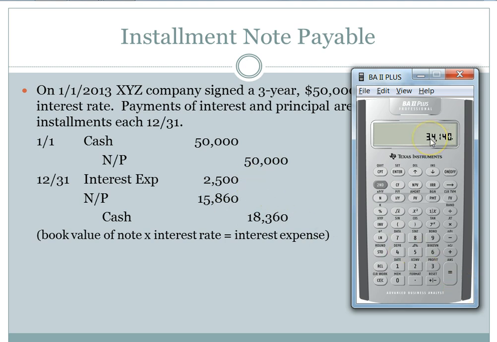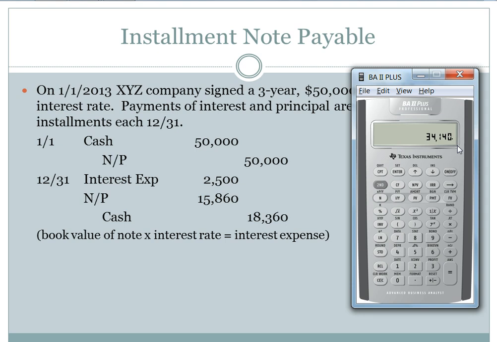So this is as of December 31st, 2013, which is the same as January 1st, 2014. So in 2014, I'm going to make another payment, right? And I already know that that payment amount is $18,360. The question is, how much of that goes to interest expense?